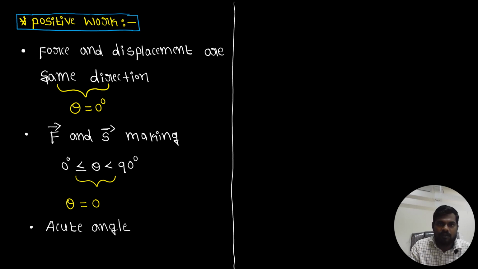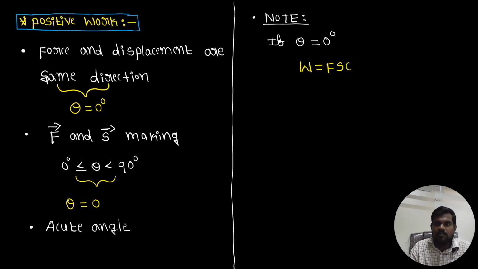Next we will see a note point. If theta is equal to 0 degrees, for example, I am taking the formula W is equal to Fs cos theta. In the place of theta I am taking 0 degrees.